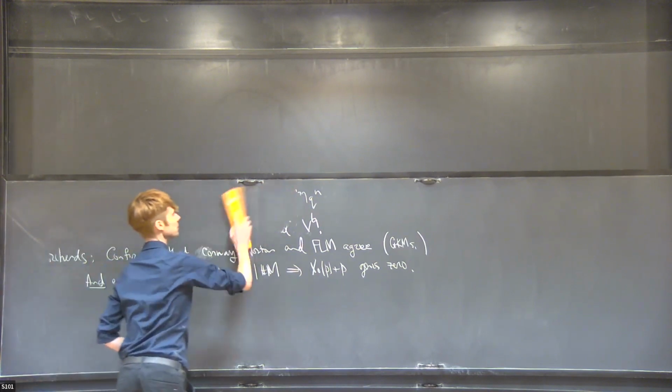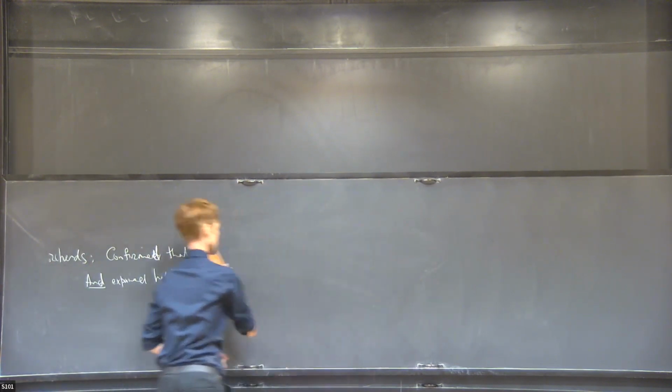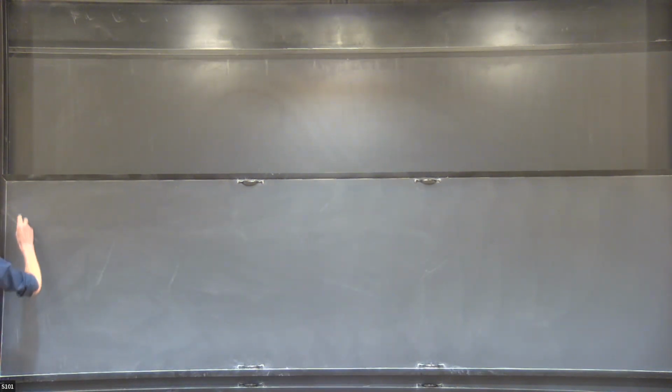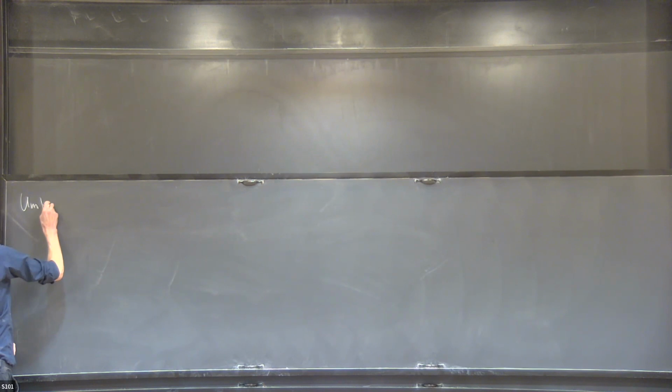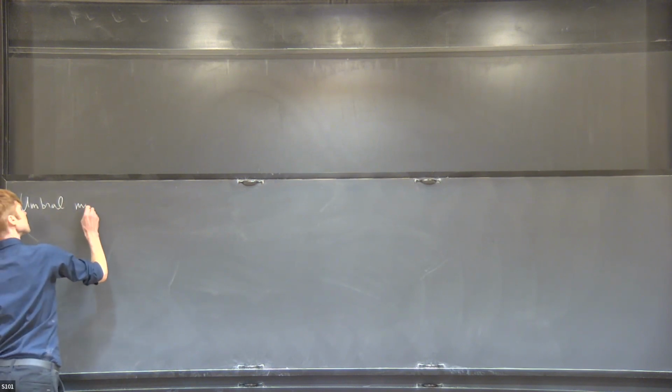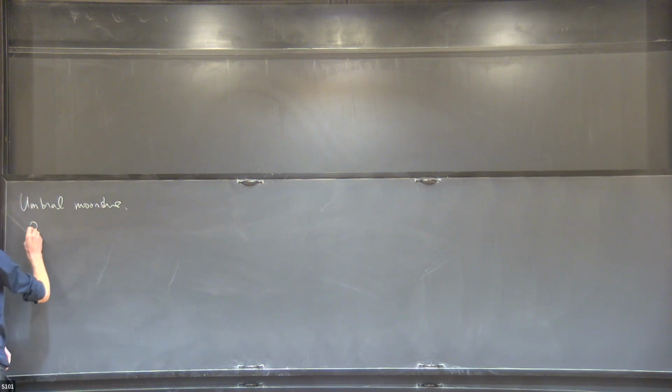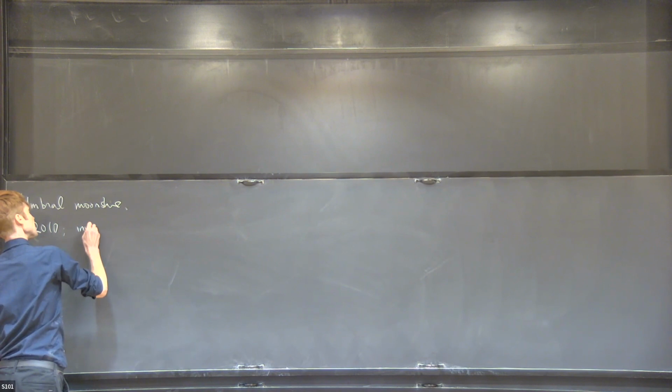Umbral moonshine is a kind of moonshine that involves Mock modular forms. Umbral moonshine emerged around 2010.